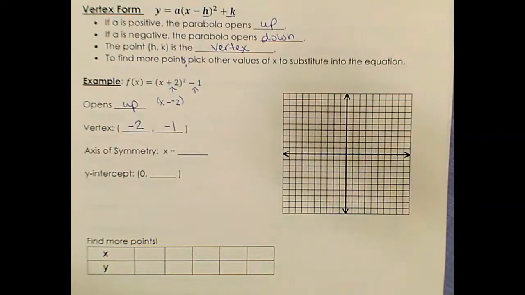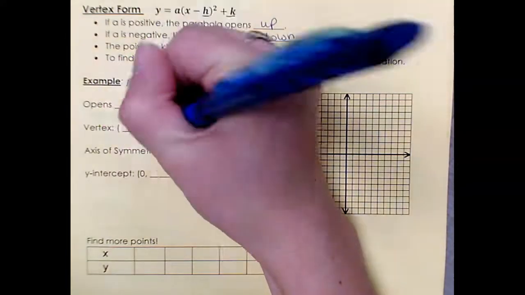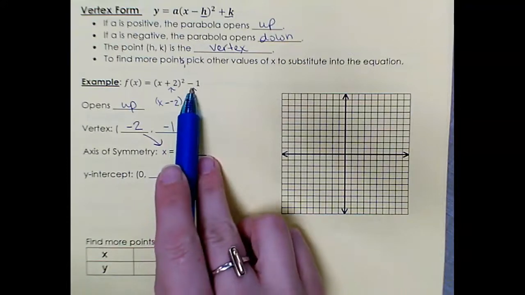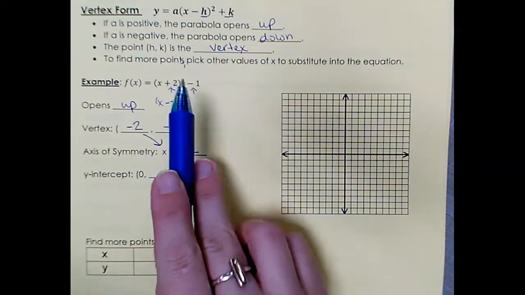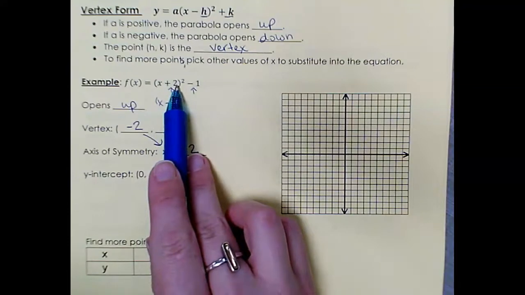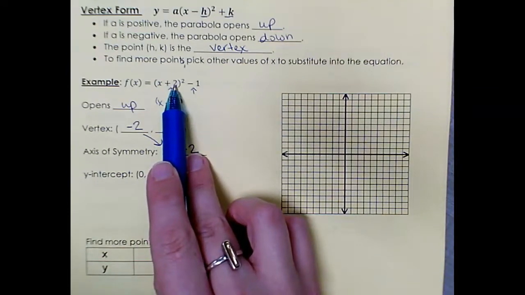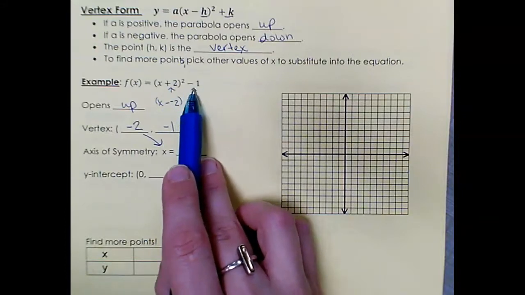Remember that your axis of symmetry goes straight through your vertex, so you want x equals the x value of your vertex. That'd be negative 2. And then your y-intercept. Your y-intercept is not necessarily negative 1. Because if you were to take x plus 2 and multiply it by x plus 2 by using FOIL or the box method, you would get another constant that would have to combine with this.